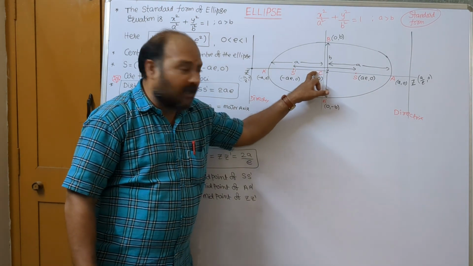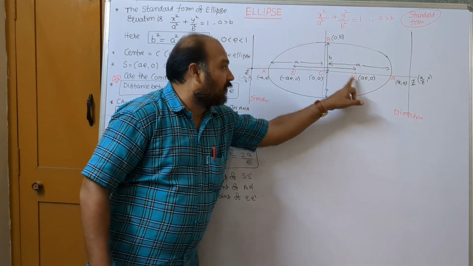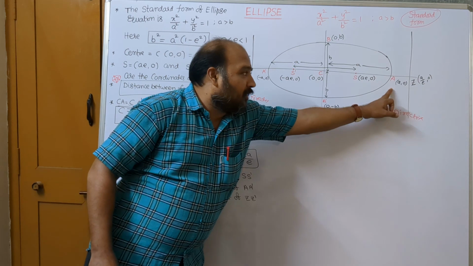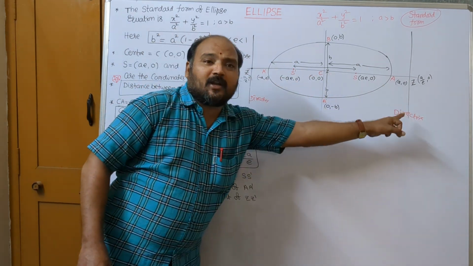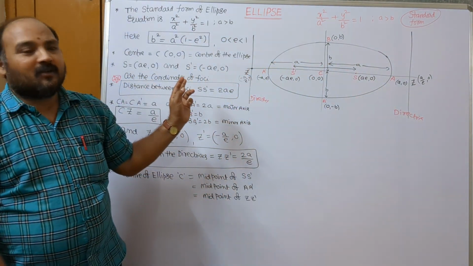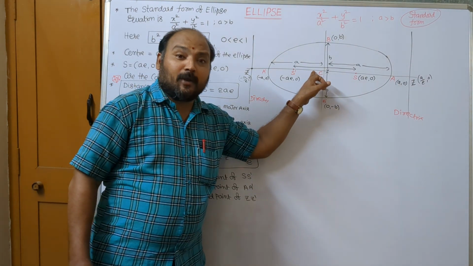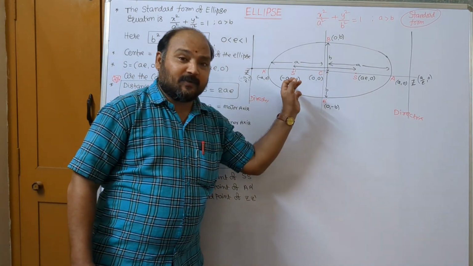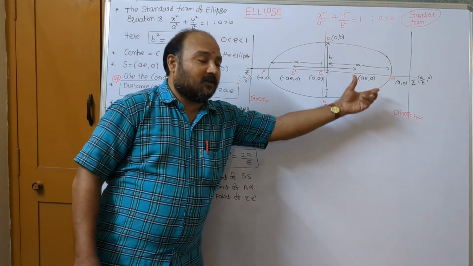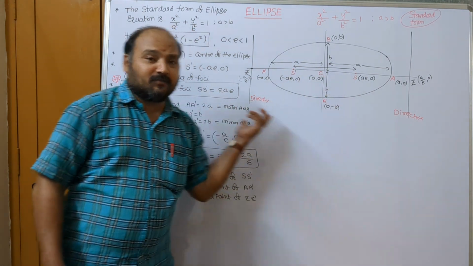Next, observe the figure clearly. C is the center of the ellipse, which is the midpoint of SS dash, the midpoint of AA dash, and the midpoint of ZZ dash.